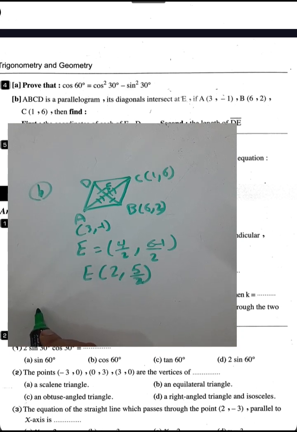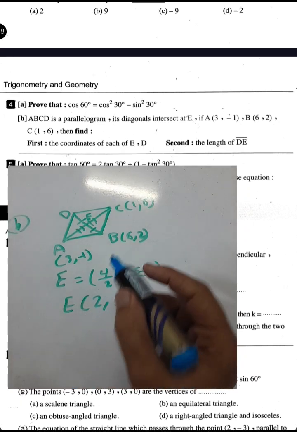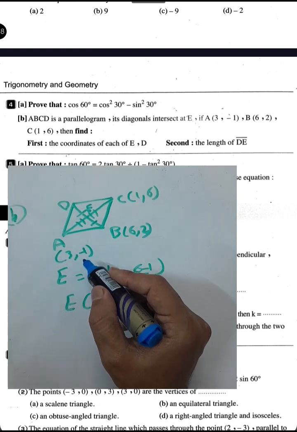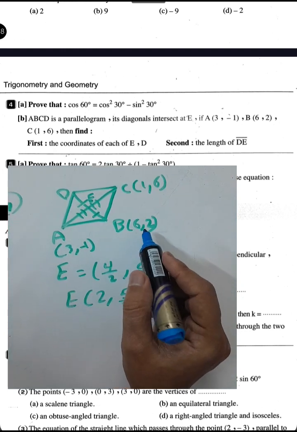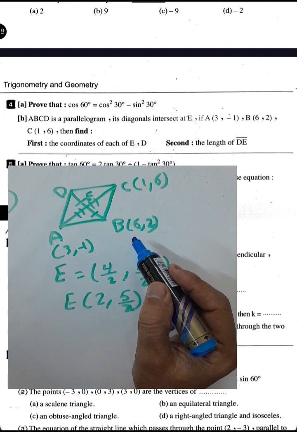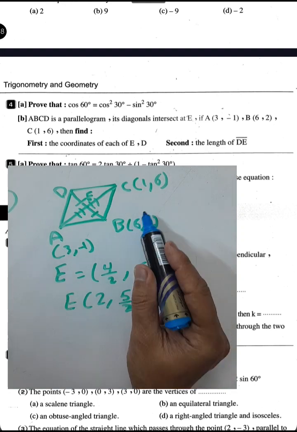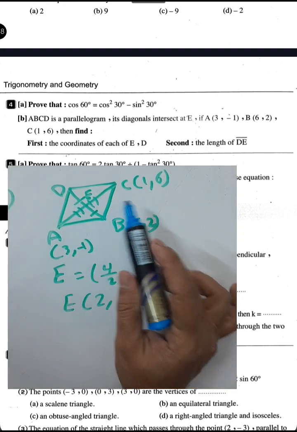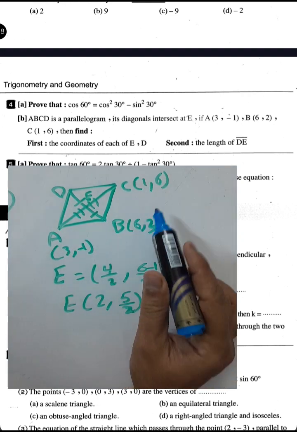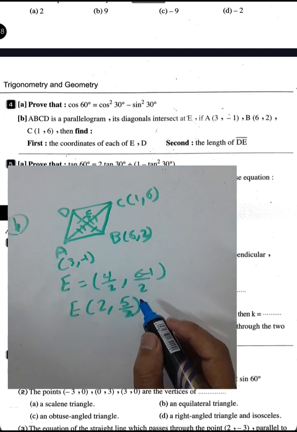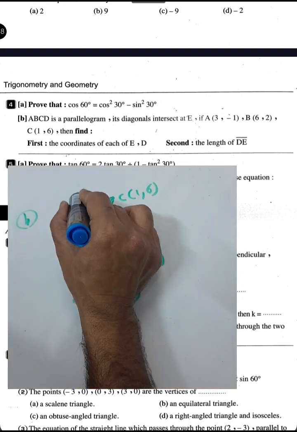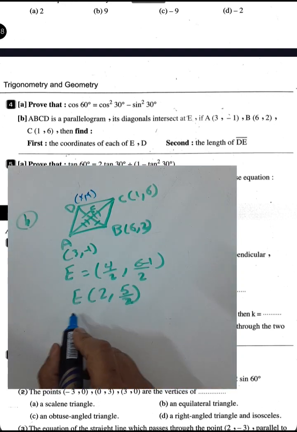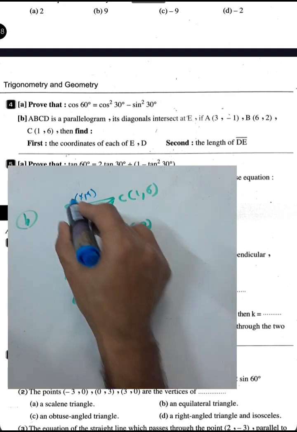Okay, we have A 3 and negative 1, B 6 and 2, and C here 1 and 6. E is (1 plus 3) 4 divided by 2 and (6 plus negative 1) divided by 2. Then we can put the point as X and Y here, D. E lies between B and D, in the middle.